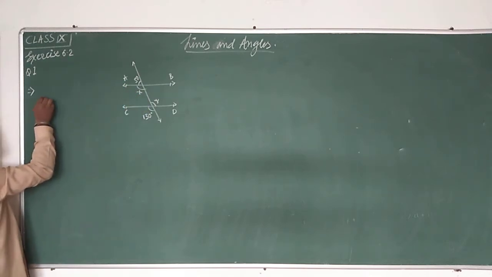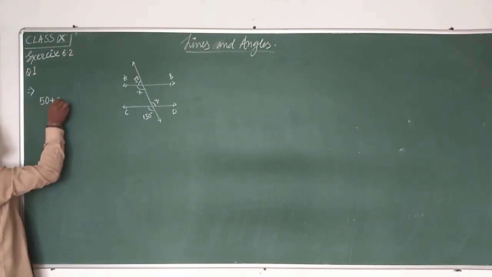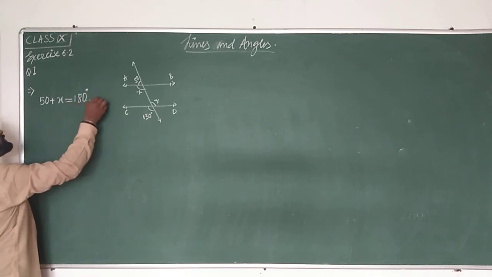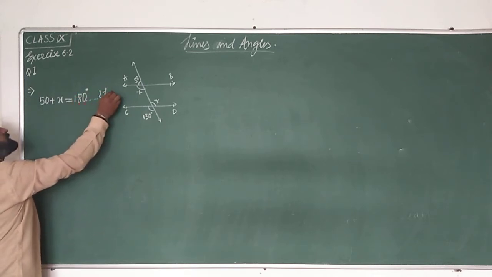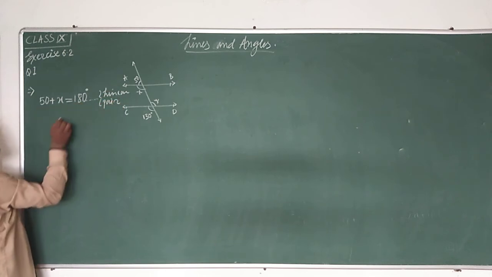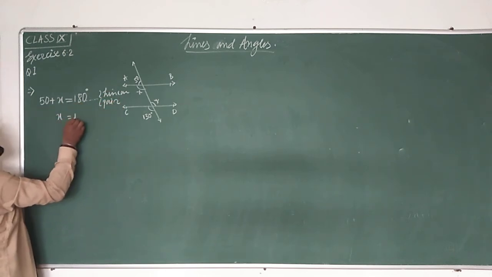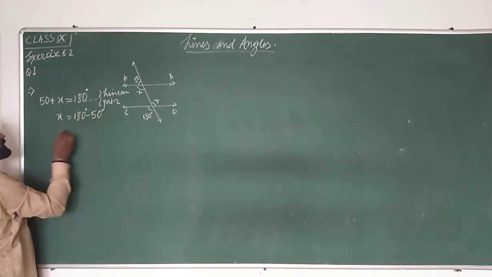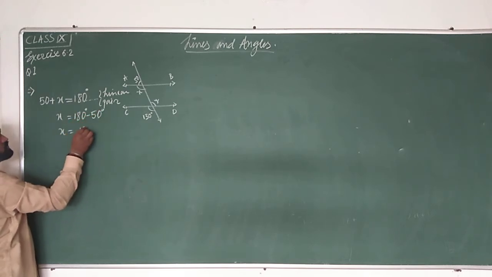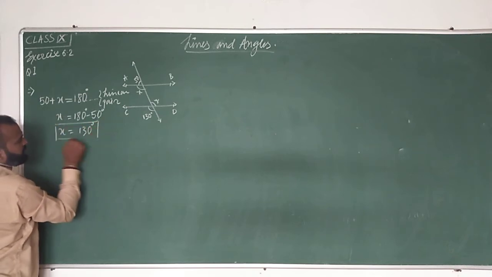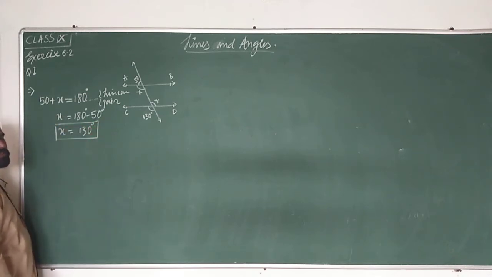So we can write 50 plus x is equal to 180 degrees. The reason, you can write, is linear pair. Now 50 plus x is 180, so x will be equal to 180 degrees minus 50 degrees. So x will be equal to 130 degrees.